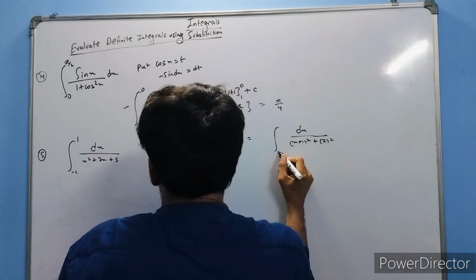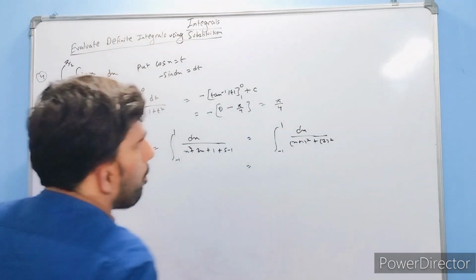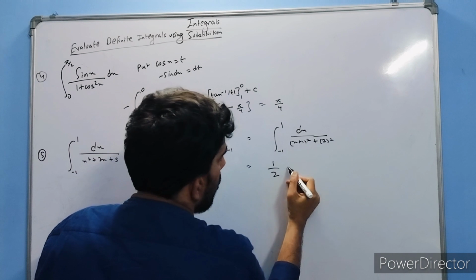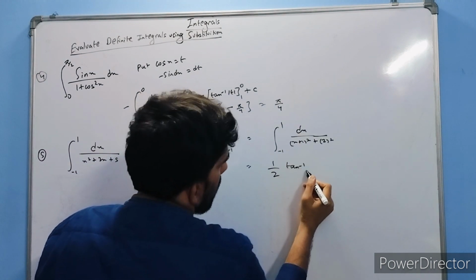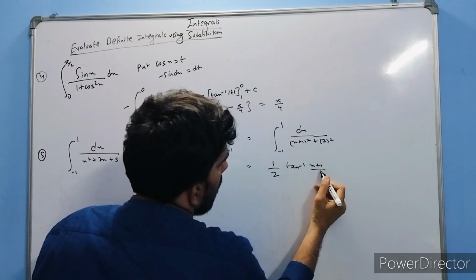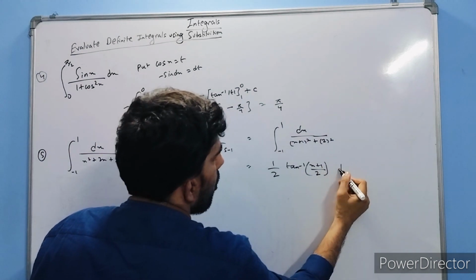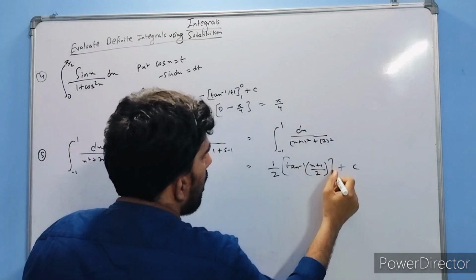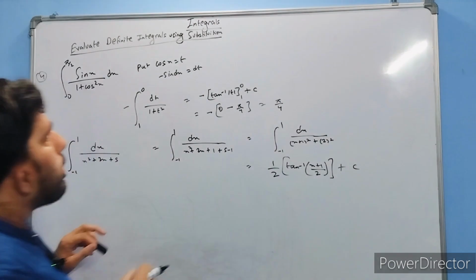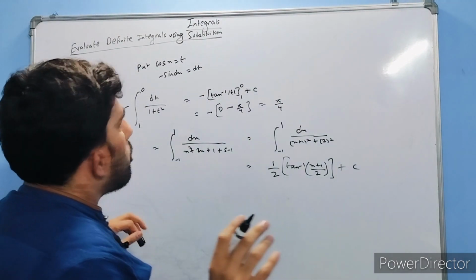Okay, so now we know the formula here, that is 1 upon 2 tan inverse x upon 2.